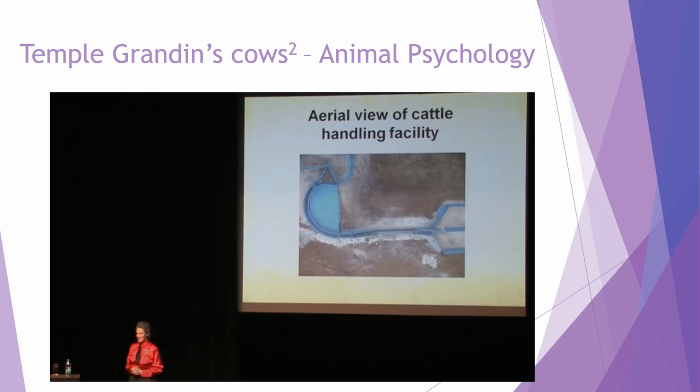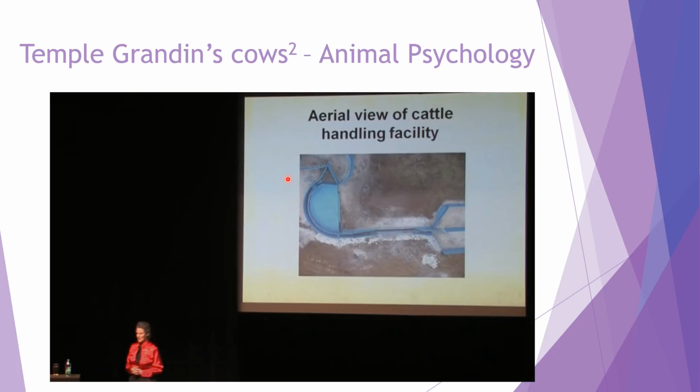So before Temple came on the scene, a lot of our cattle pens were square, with 90-degree angle edges, just because it works for us and it makes sense to us to have those kind of square systems. But she was able to understand that cattle don't like those hard angle edges, and instead what they prefer is a rounded edge.